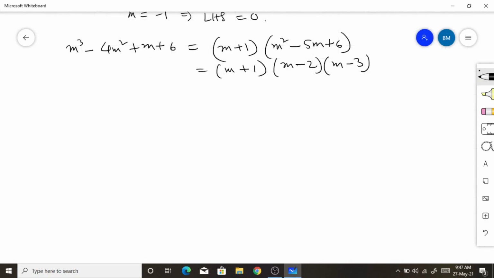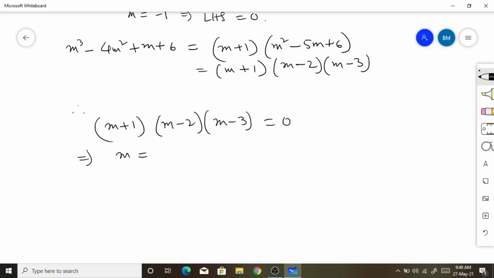So the auxiliary equation becomes m plus 1 into m minus 2 into m minus 3 is equal to 0. So values of m are minus 1, 2 and 3. Let us take m1 equal to minus 1, m2 is 2 and m3 is 3.